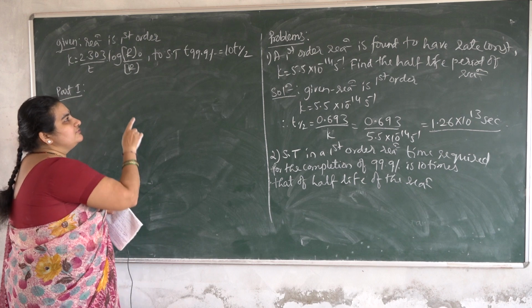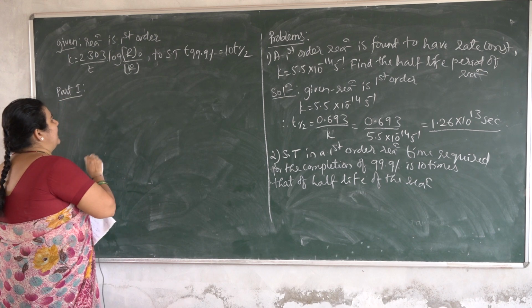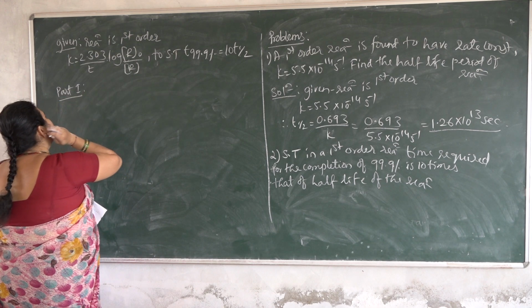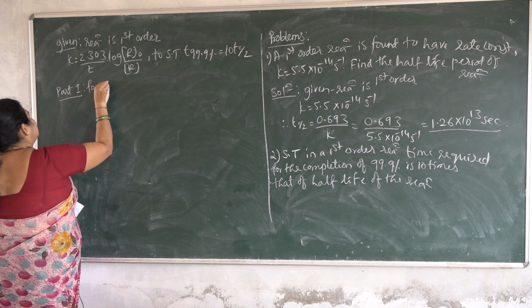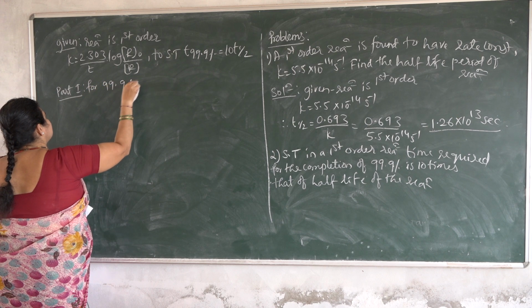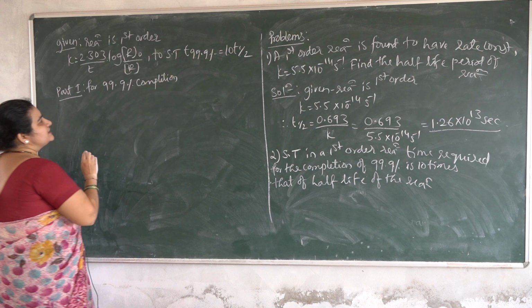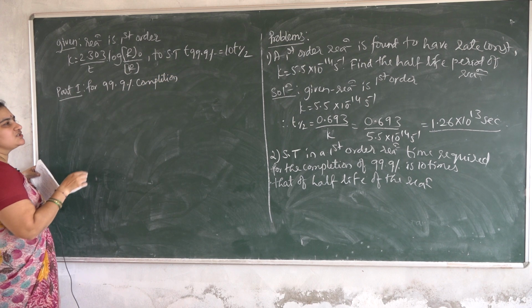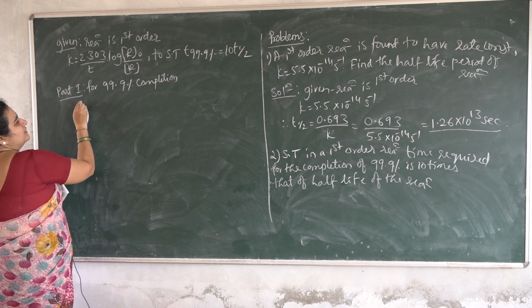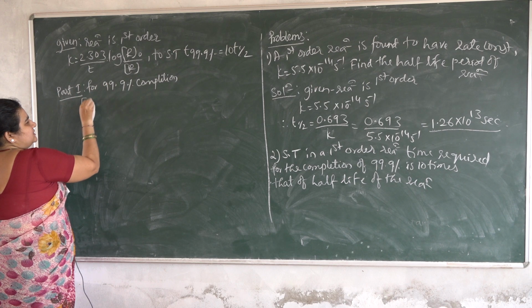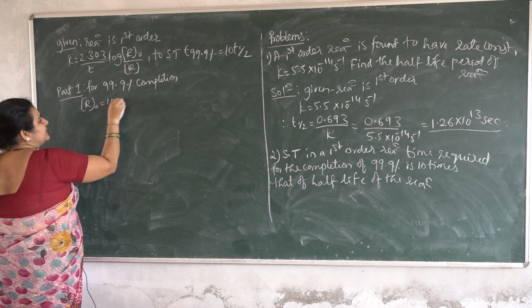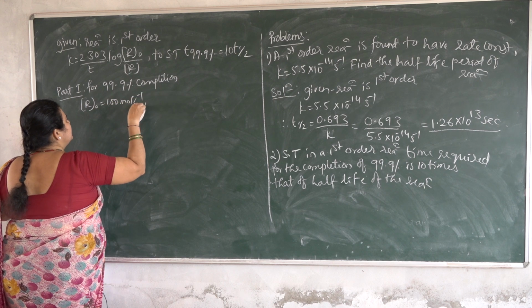So first the LHS, or part 1. For 99.9% completion, write the initial concentration, then the reactant concentration. So R naught is equal to 100 moles per liter.